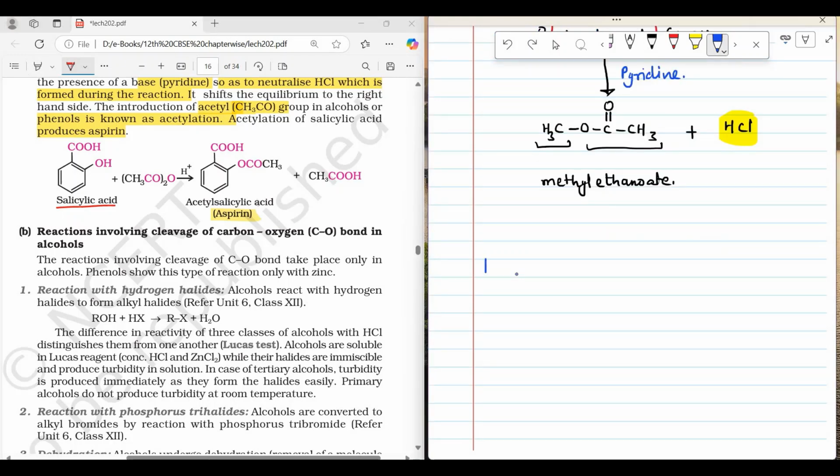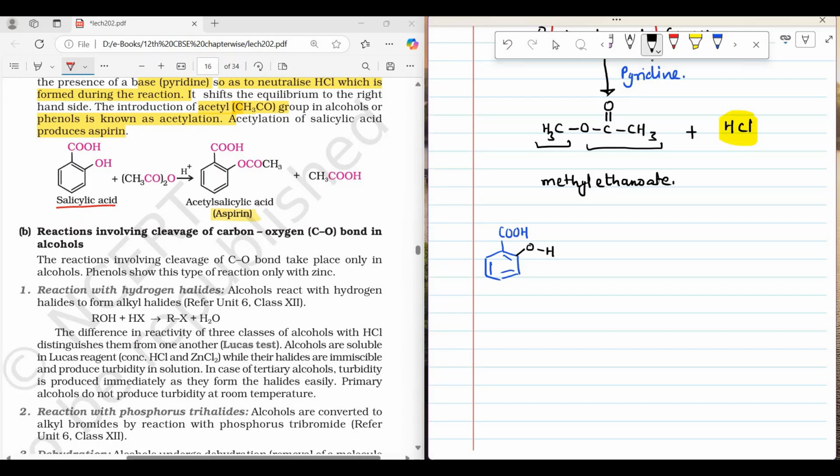So let's draw the structure of salicylic acid. This is the benzene ring, and here carboxylic acid group is there, and at ortho position alcohol group is there. So here this is OH.